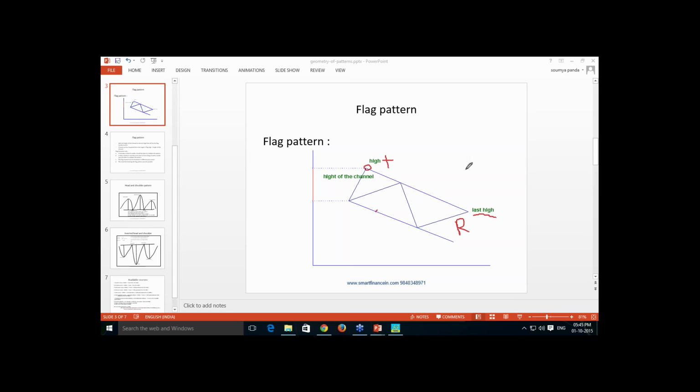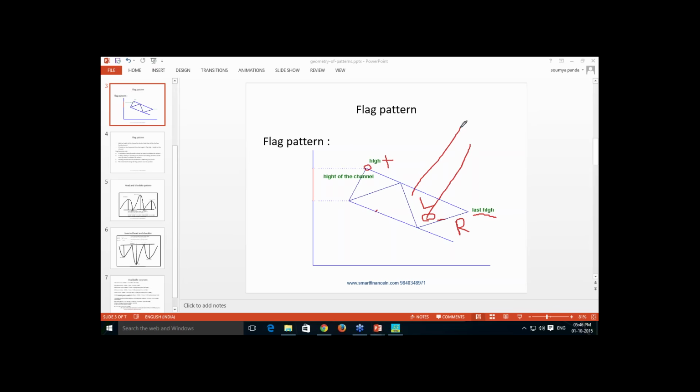Similarly, if it is tilting towards the left hand side, this is called your bearish flag pattern. There, the last low, whatever the last low you get here, minus the channel height will be your pattern breakout. Similarly, if the channel breakout happens, then you have to take cognizance from the lowest low.